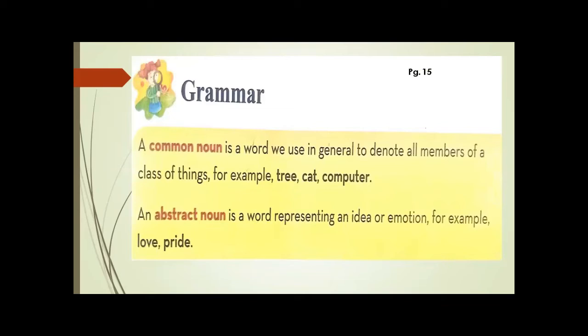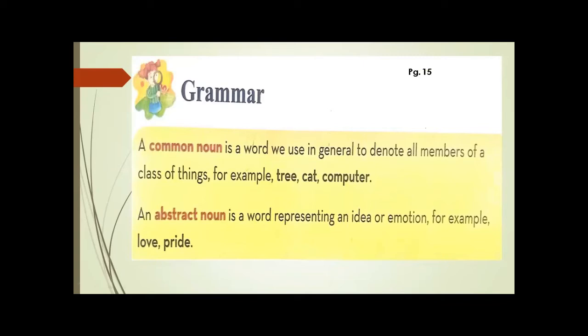In your book, the definition of a common noun is: a common noun is a word we use in general to denote all members of a class of things. For example, tree, cat, computer. Trees are of many types. Cats are of many types, like Persian cat, Russian cat. And there are different kinds of computers. So these are all classes.